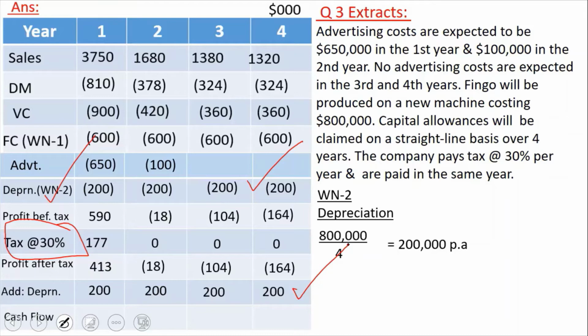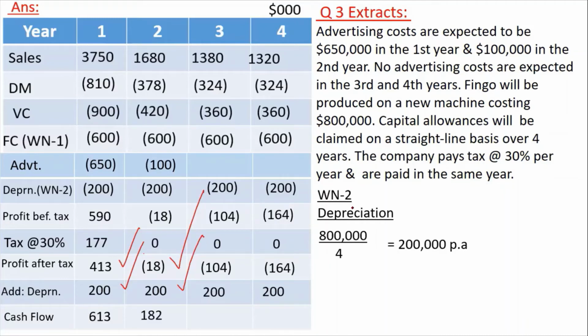So what is the cash flow? So we get 413, add back the depreciation that we had already reduced. So we get 613 as the cash inflow for year 1. And for year 2, the cash inflow is negative 18 plus 200.